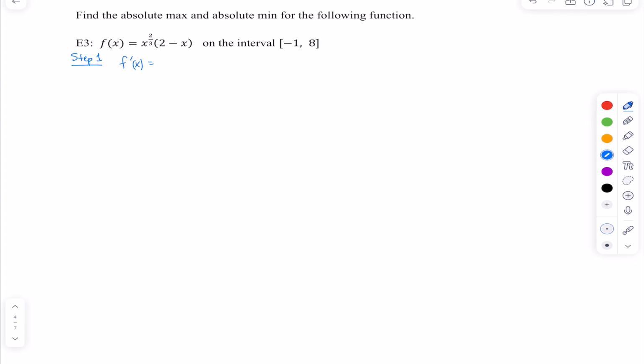And we're just going to do the product rule here. And we want to take advantage of our algebra. Look for the greatest common factor. Greatest common factor here is going to be 1/3 x to the -1/3, and this will give us some really, really neat stuff.